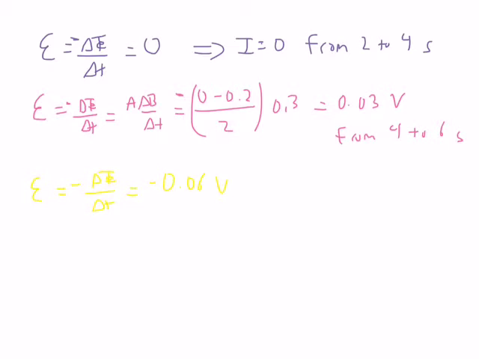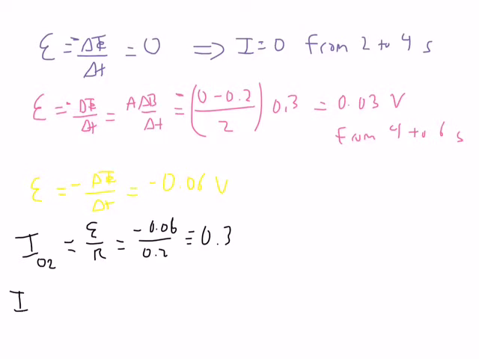So how do we relate these voltages to currents? Well, we need a resistance, which fortunately we have, 0.2 ohms. So I for 0 to 2 seconds is epsilon over R, which is negative 0.06 divided by 0.2, which is negative 0.3 amps.